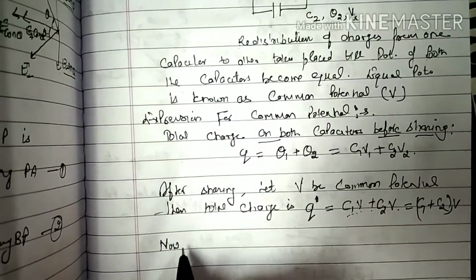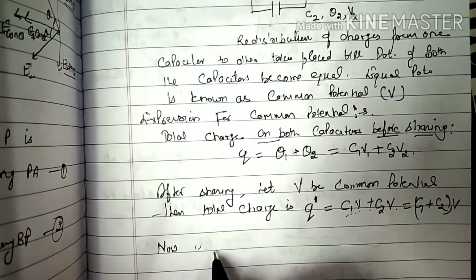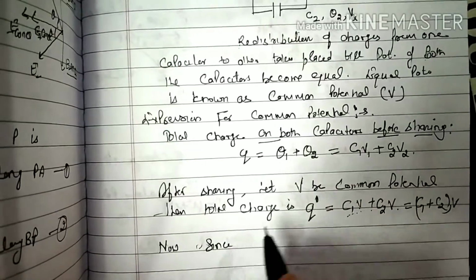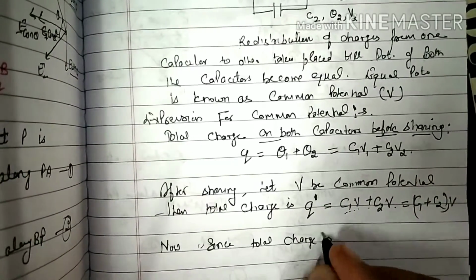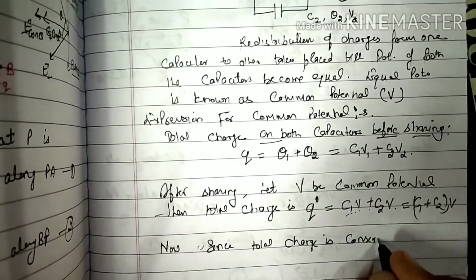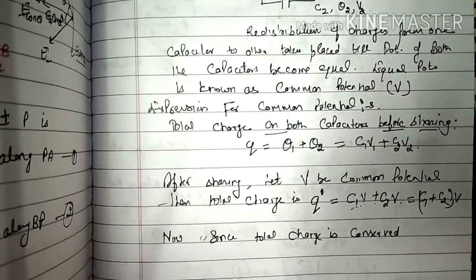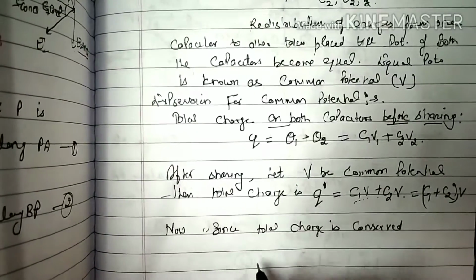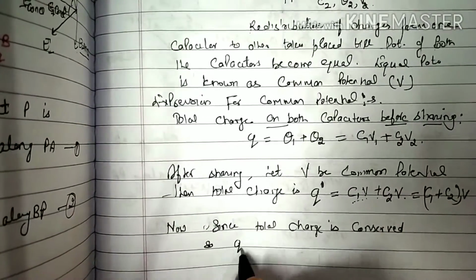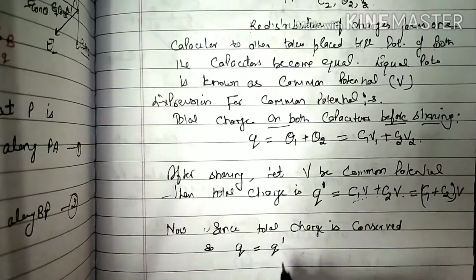Now, since total charge is conserved, charge is neither created nor destroyed but gets transferred from one capacitor to another, Q is equal to Q dash.